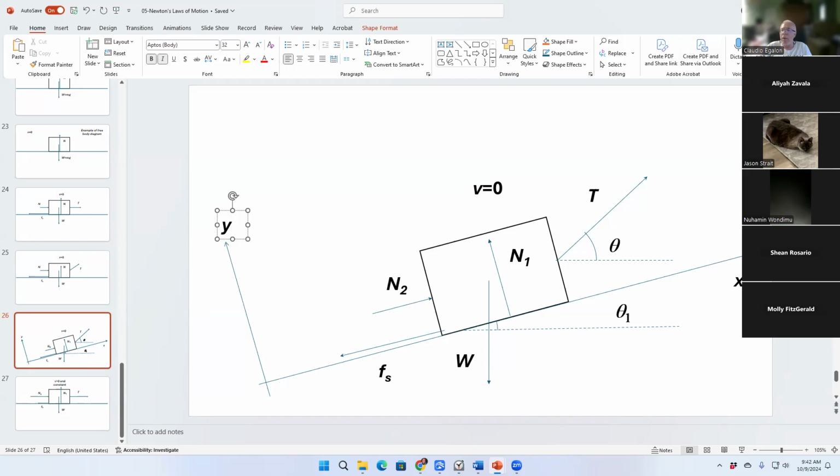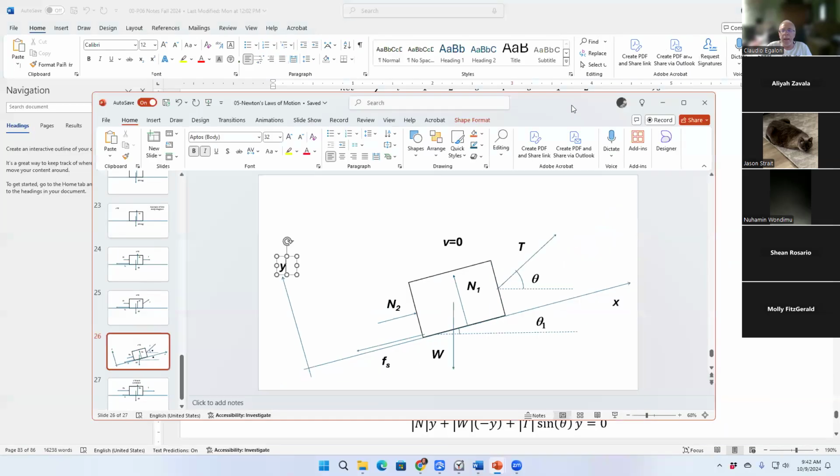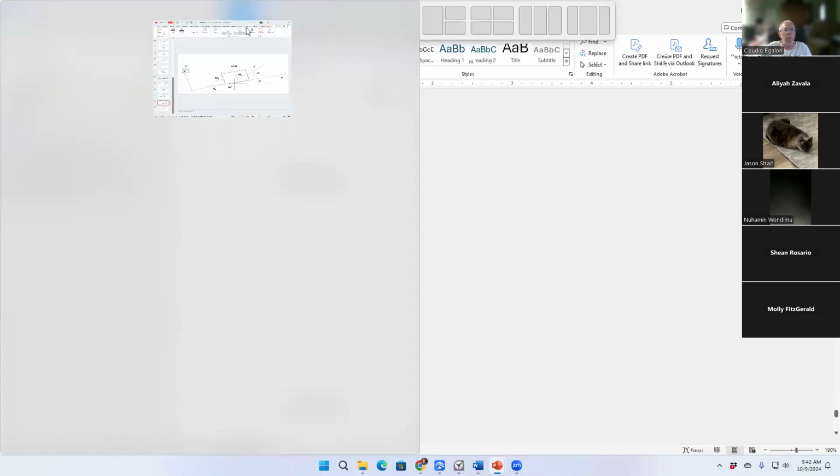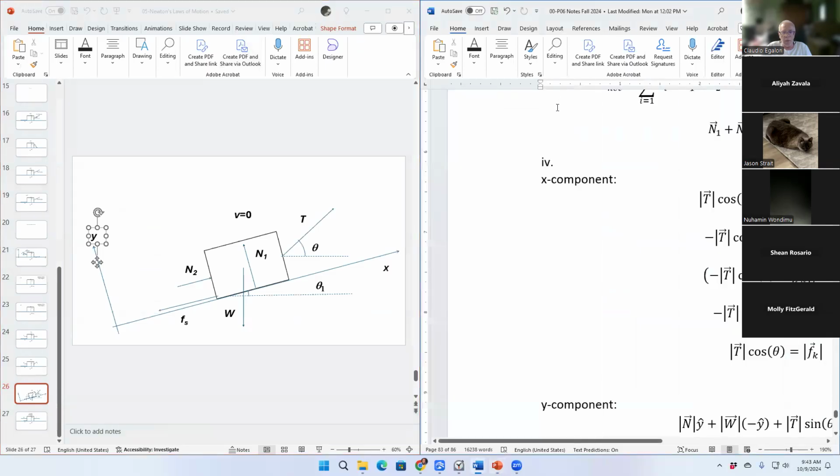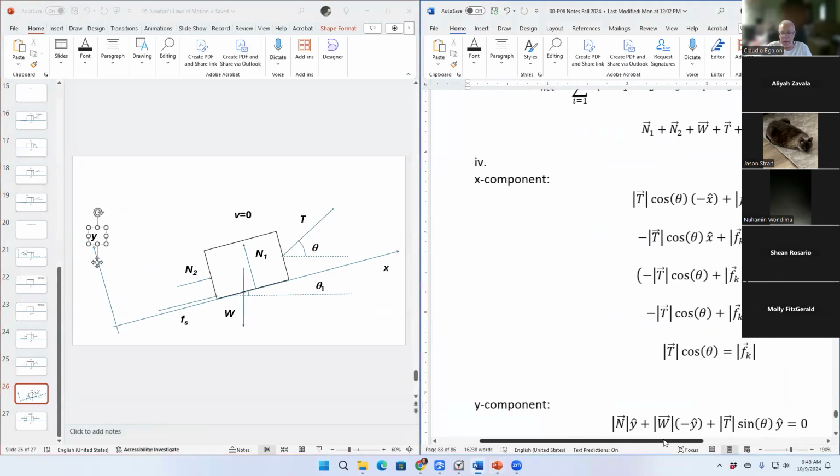Let's go for my x components. I'm going to put it side by side, so I don't have to keep shifting from page to page.